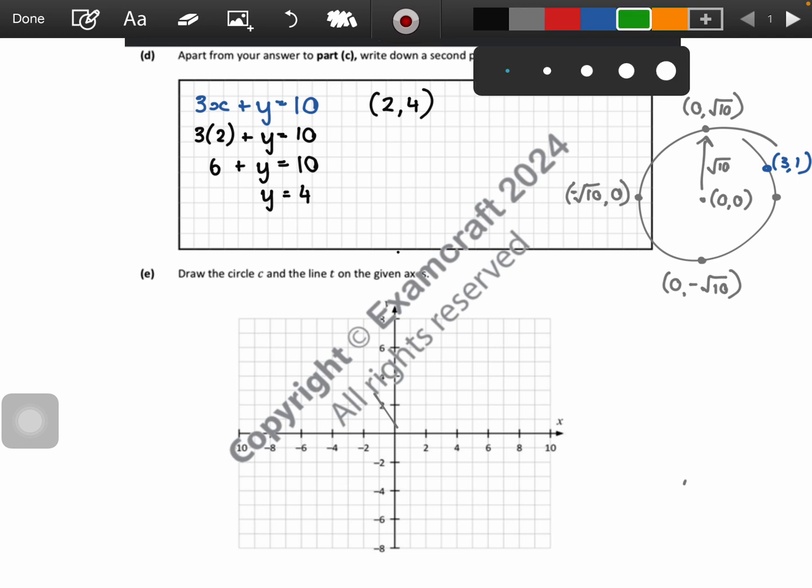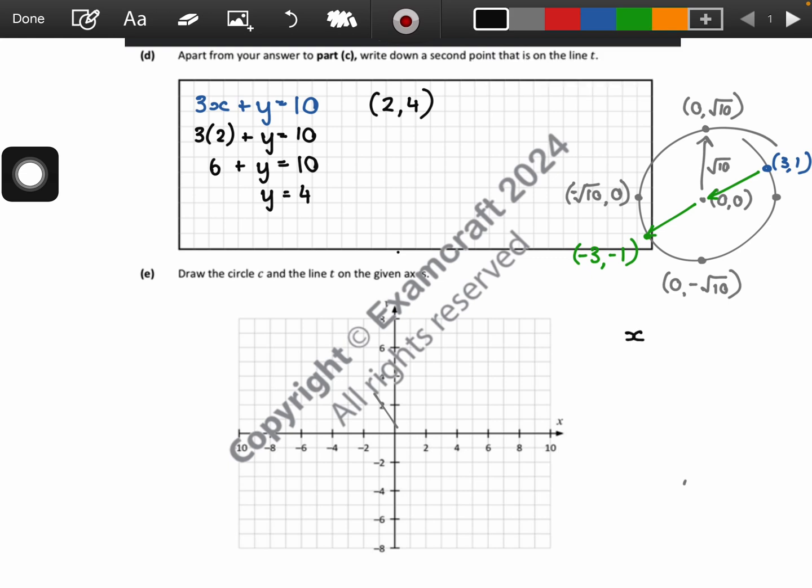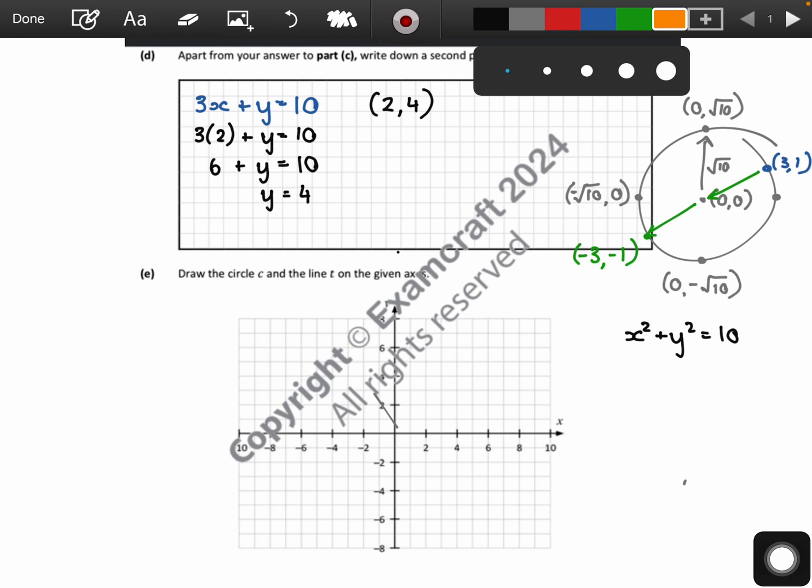We also could say, well, how did we get from 3, 1 to the center, and then do that same transformation out the other side, so that it would be minus 3, minus 1. Or we could sub in any x coordinates into the equation of the circle. So it was x squared plus y squared is 10. So we could say, for example, what is the y coordinate when x is 2?